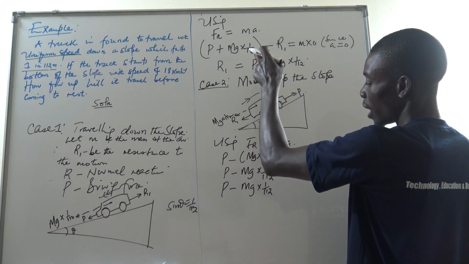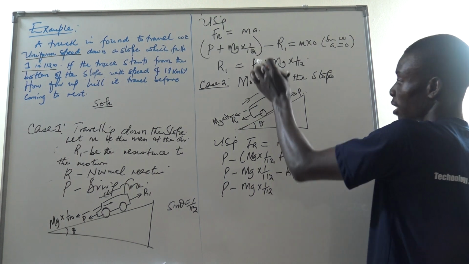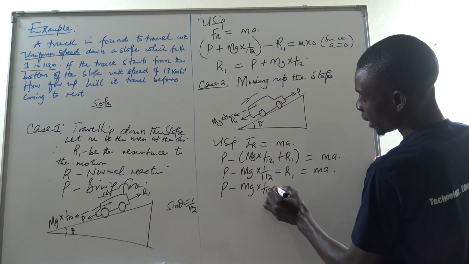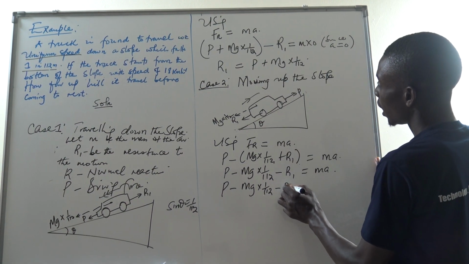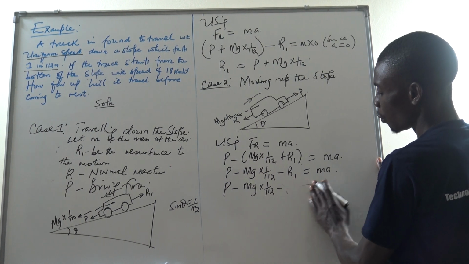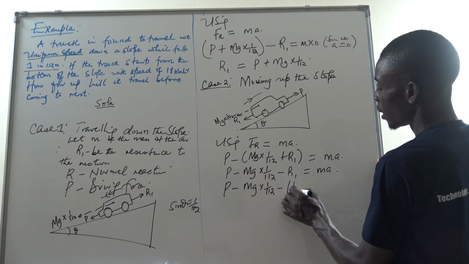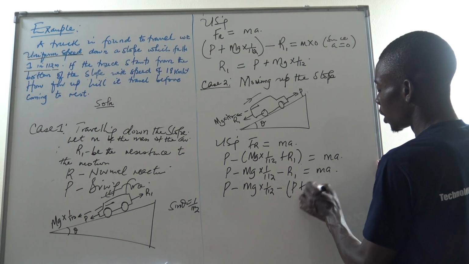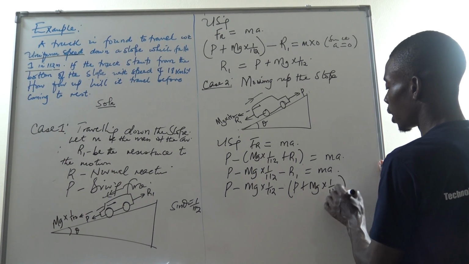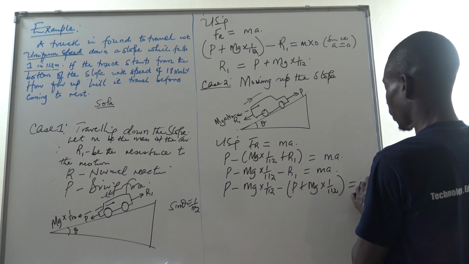My R is this value here. So I can say minus P and then minus mg. Or if you're getting confused, I can just say P plus mg times 1 out of 1 equaling to MA.